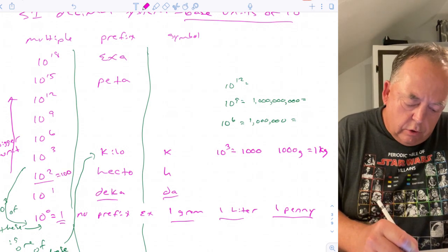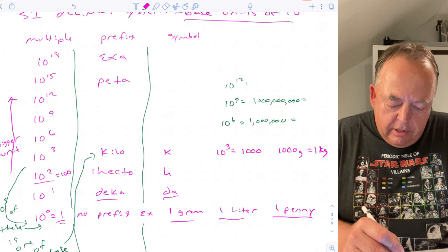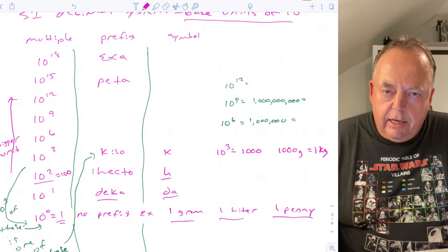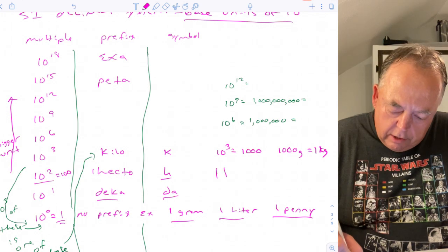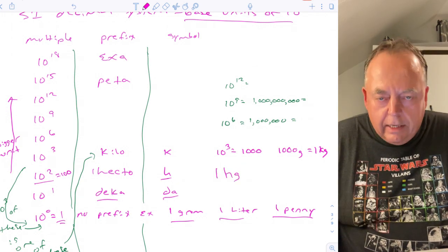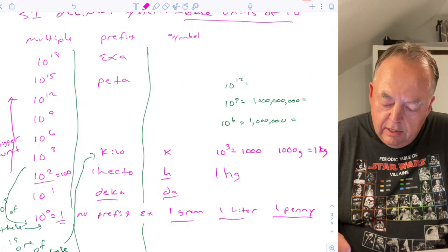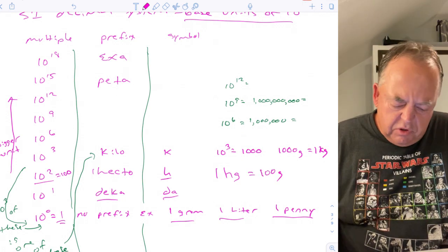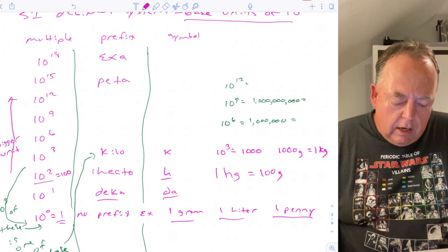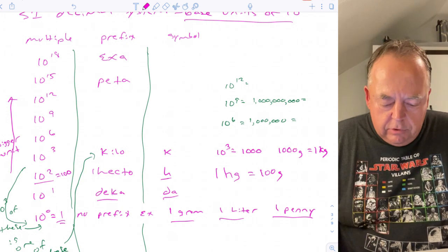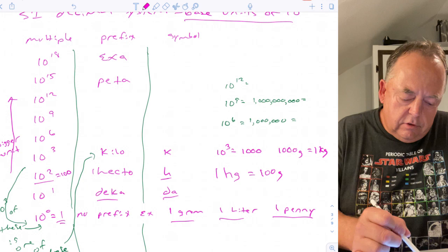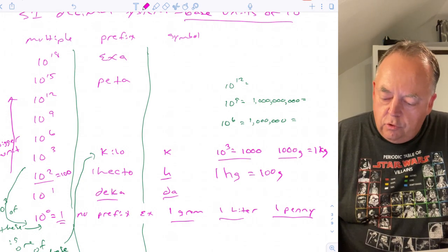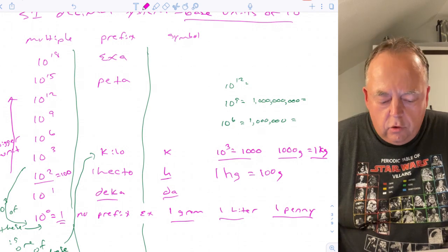If you had 100 of something, that would be equivalent to saying you had 1 hecto of it, and the symbol is H. So if you saw 1 hg, that would mean 1 hectogram, which means you have 100 grams. Those two are not very commonly used. 10 to the third is used all the time. I'm sure you've heard of kilo before. 10 to the third is 1,000, so 1,000 grams is the same thing as 1 kilogram.